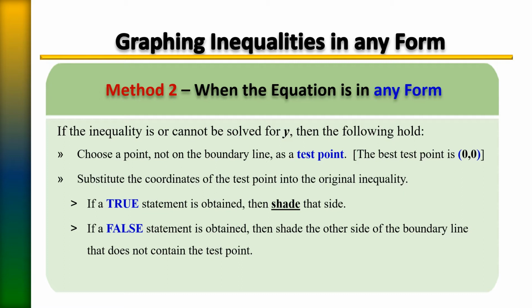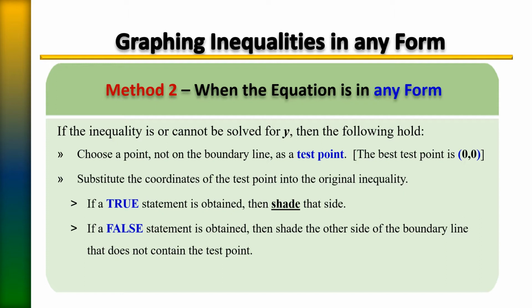If it crosses through 0, then of course you've got to use another point, but if it doesn't, 0, 0 is the best test point to use because it will give you your inequality statement really quick so that you will be able to determine whether it is a true or whether it is a false statement. And remember, always shade the true side, never ever shade the false side.